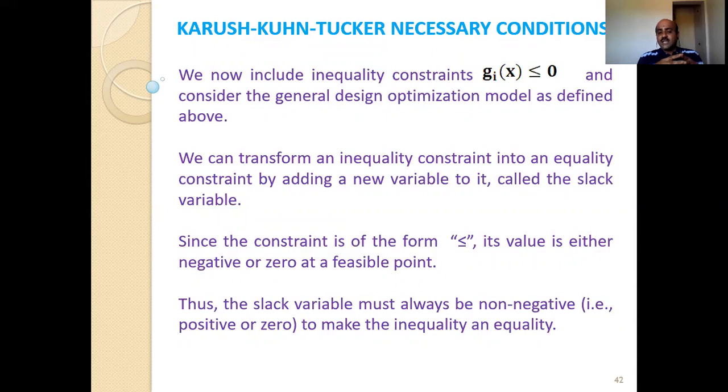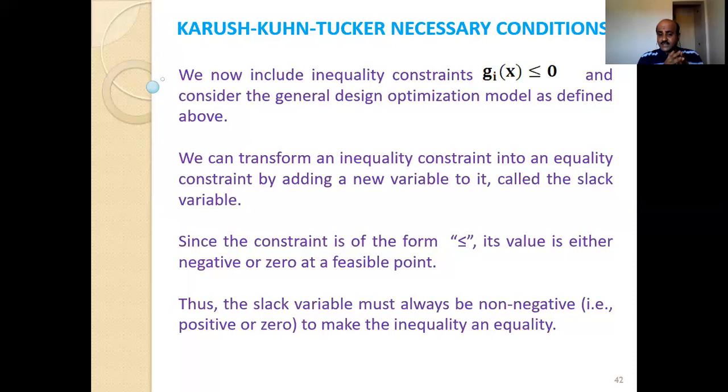Since the constraint is of the form less than or equal to, its value is either negative or 0 at the feasible point. The constraint we have here is Gi of x, which we have taken as less than or equal to 0, meaning the value of g should always be either negative or 0 at the feasible point.